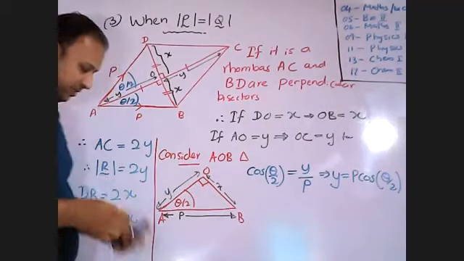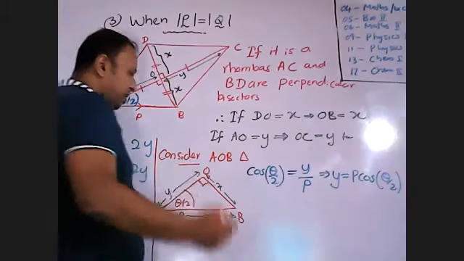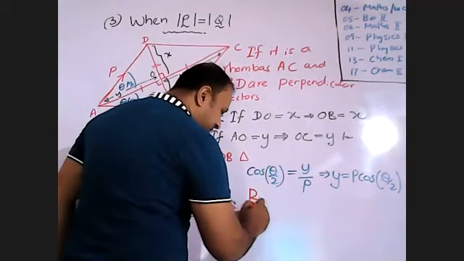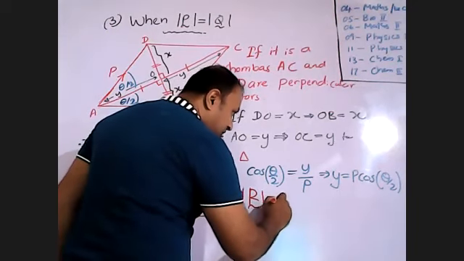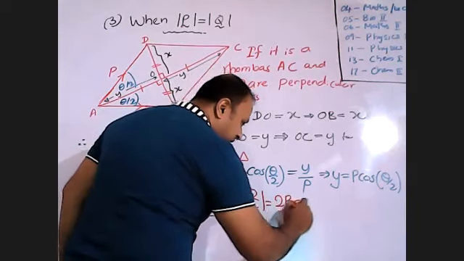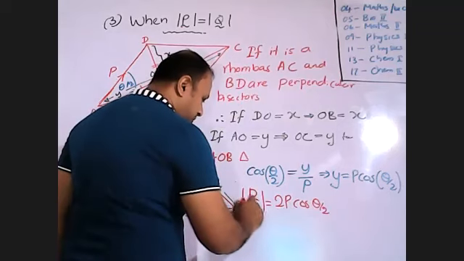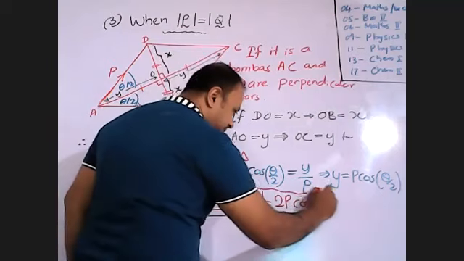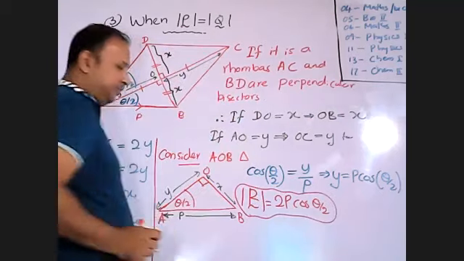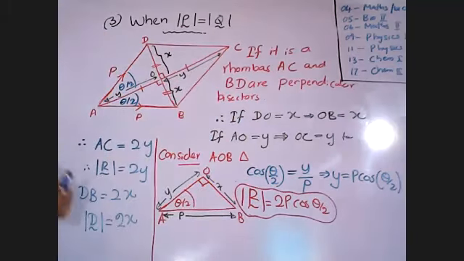Actually, we have done this one earlier. So the magnitude of R is equal to 2P cos theta over 2.